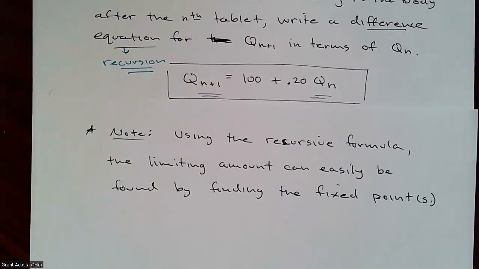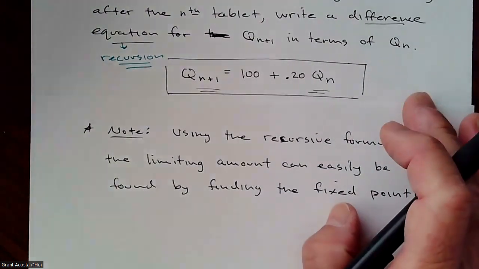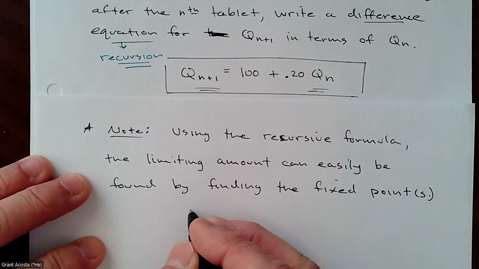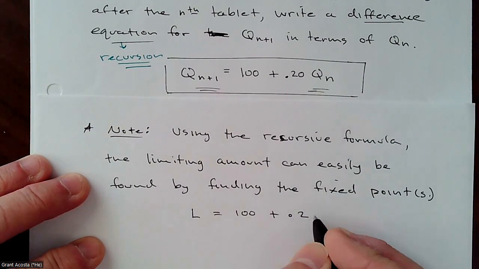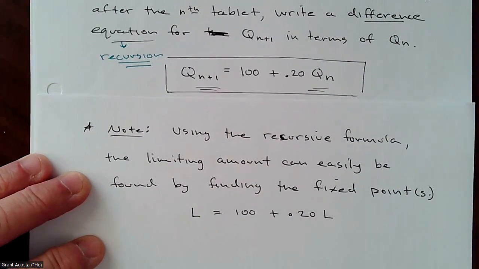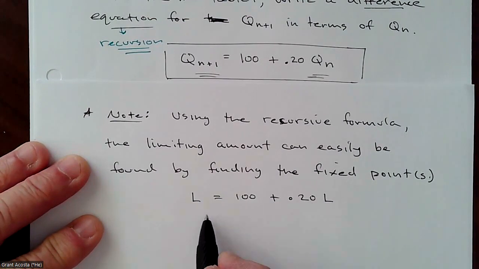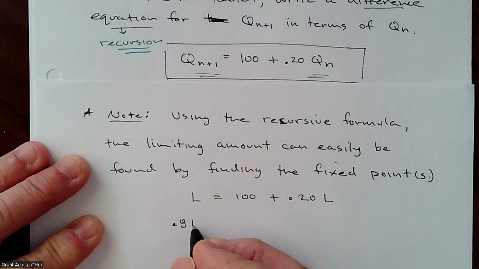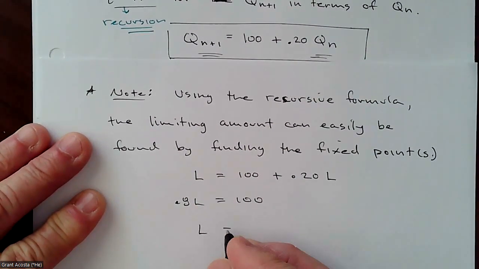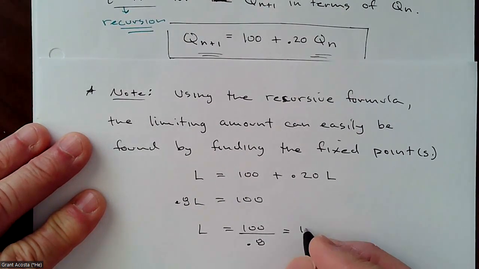Using the recursive formula, the limiting amount can easily be found by finding the fixed points. So if I set L equal to 100 plus 0.2 L, subtract this over. So 1L minus 0.2 L is 0.8 L. So L would be 100 divided by 0.8.